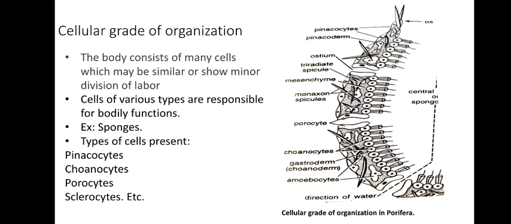But all the different work done by these different cells as a whole will help in the animal's survival. So that is the cellular grade of organization, and the distribution of work is done between pinacocyte, choanocyte, porocyte and sclerocytes or scleroblast. You find this example in case of porifera.